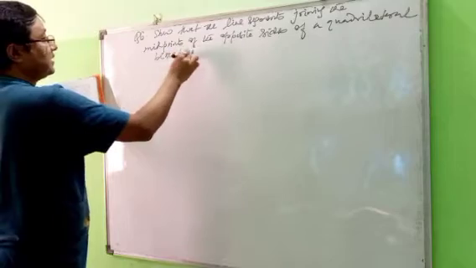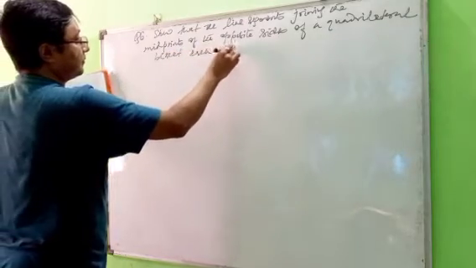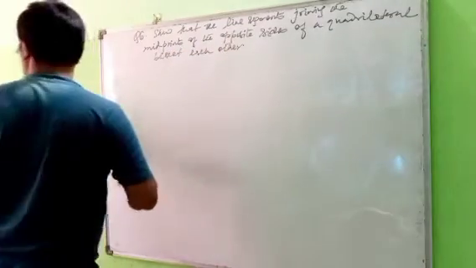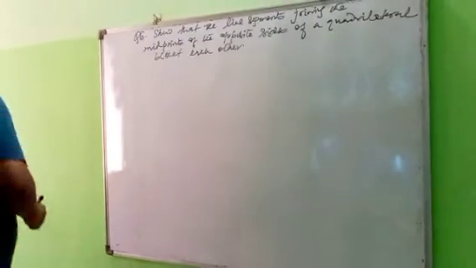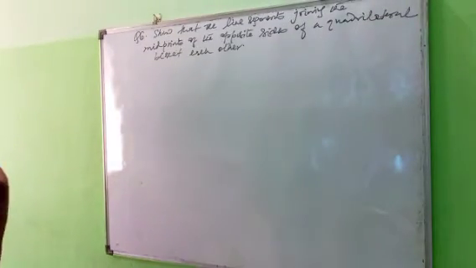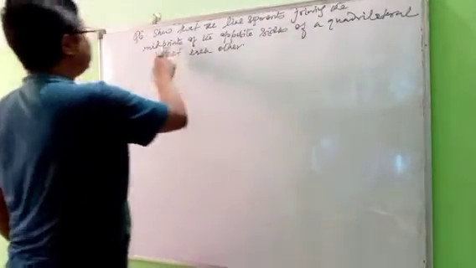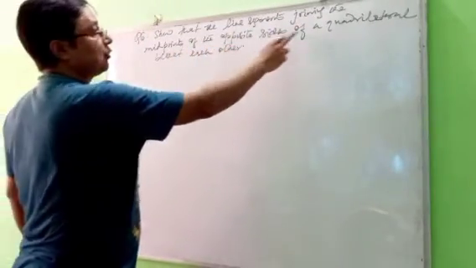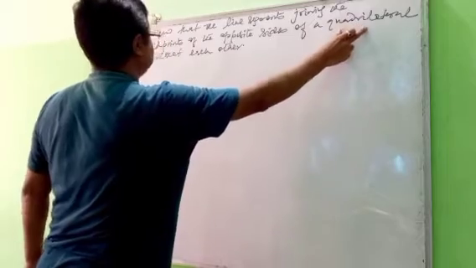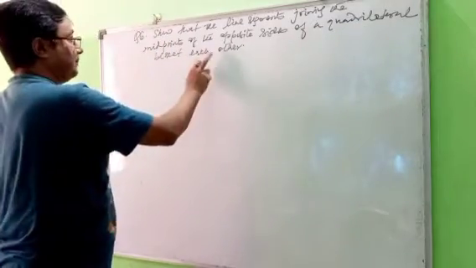So here it is clearly given that the line segments joining the midpoints of the opposite sides of a quadrilateral should bisect each other.